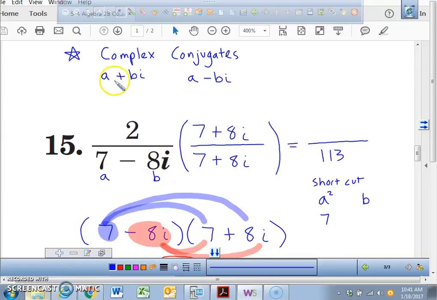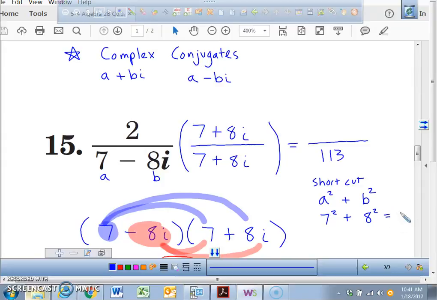Because we have a plus bi and a minus bi, the b value is just the number 8. Square that. Then all you have to do is add them together, and that will always give you your denominator, not the numerator. 7 squared plus 8 squared.